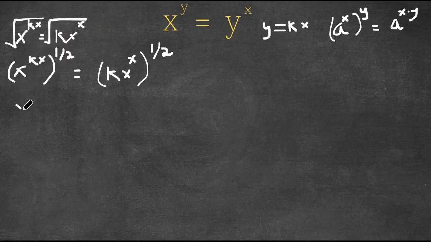This is the same thing as x to the power of kx times 1/2, which is x to the power of kx over 2. And this is equal to kx to the power of x times 1/2, which is x over 2.